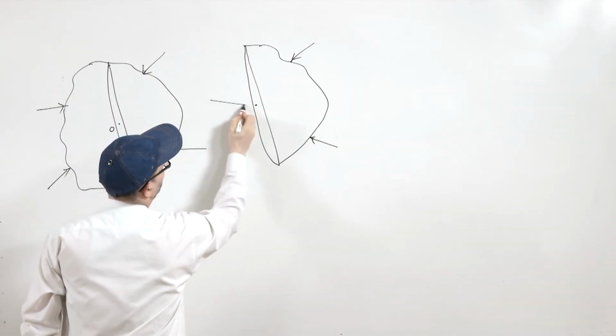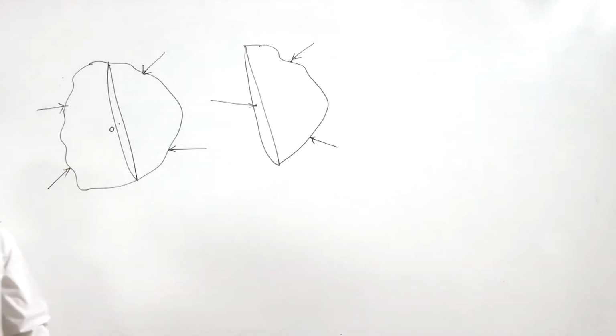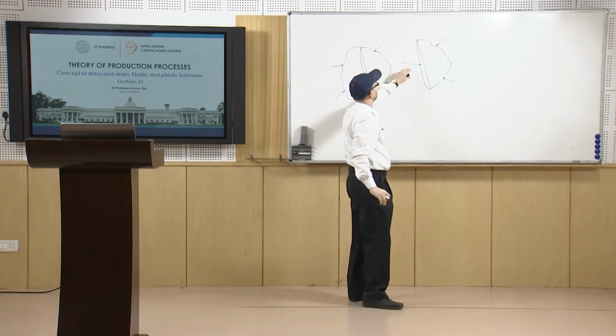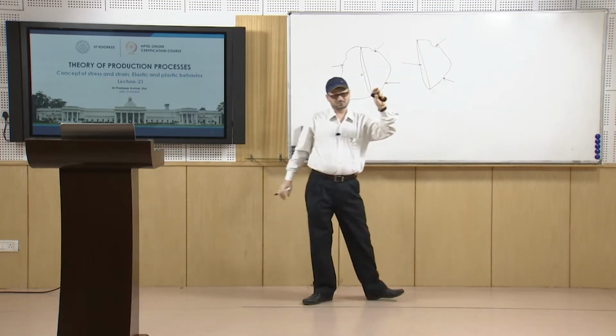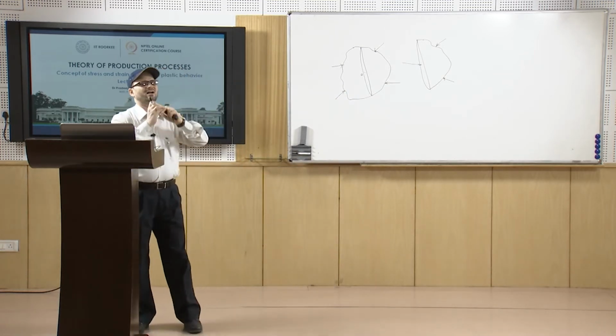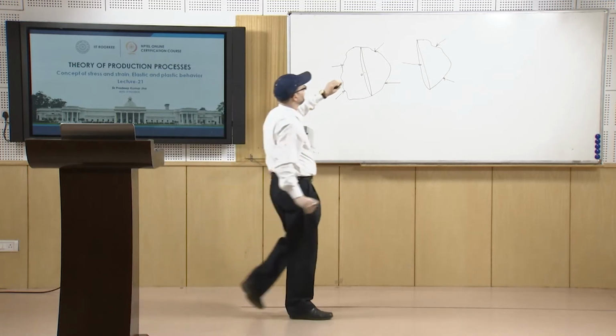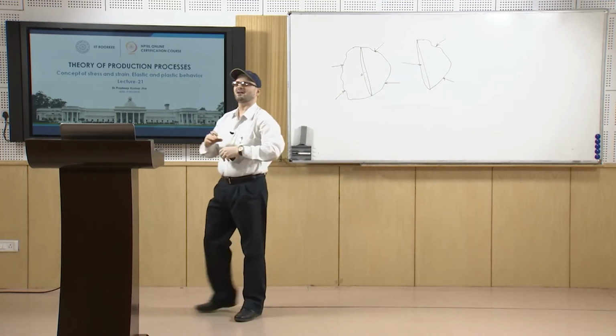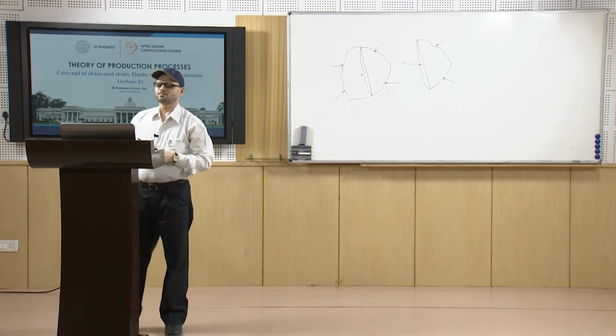So, suppose this is the resultant force keeping that in equilibrium. This is the internal resisting force, and it is acting on a very small area, so the stress multiplied by that small area is integrated over the whole area, and that way the stress is computed.